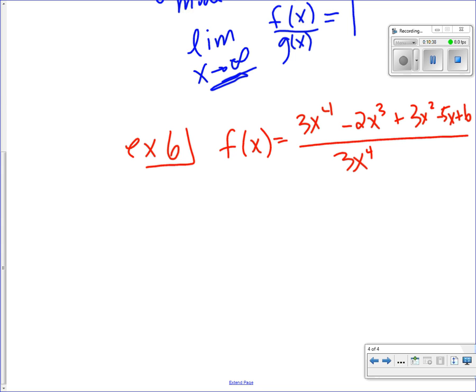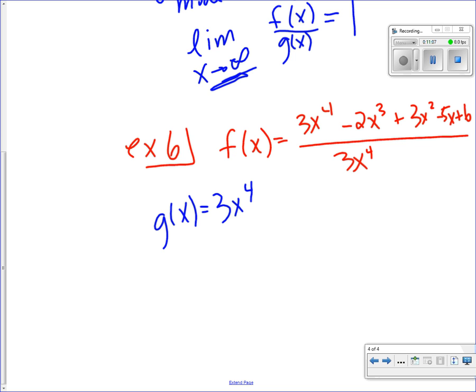We're going to choose an end behavior model, and the end behavior model that we're going to choose is 3x to the 4th power. We're choosing this because it's a much simpler function than this complicated thing, and we know that it has the same end behavior.